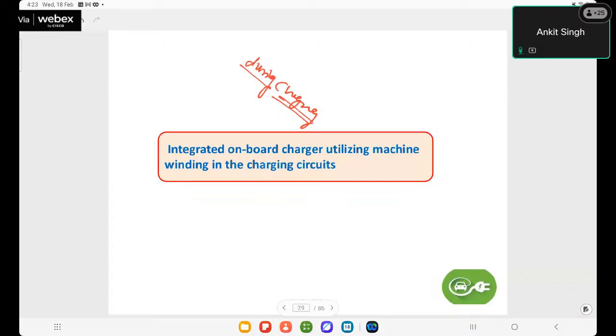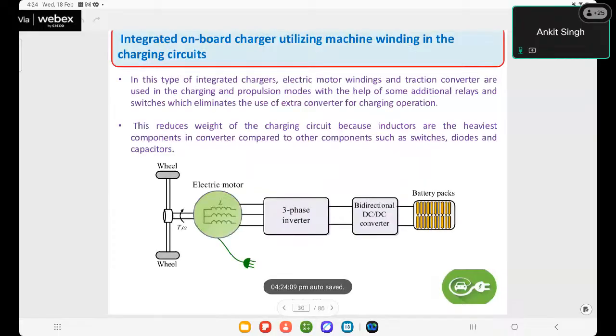So as we know, there are electric machines, in that there will be windings. So during the charging, as we can see in this diagram, the machine winding can be used as the energy storage element.